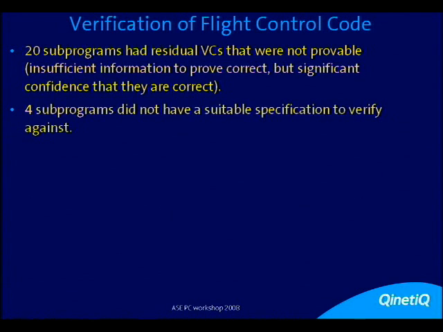And 4 subprograms didn't have a suitable specification to verify against. It was just, again, another part of Kinetic are doing this translation from the Fortran. And again, they're doing it to a tight budget and time constraints. And they just ran out of time or ran out of money in order to correct the Simulink that they had produced for us.